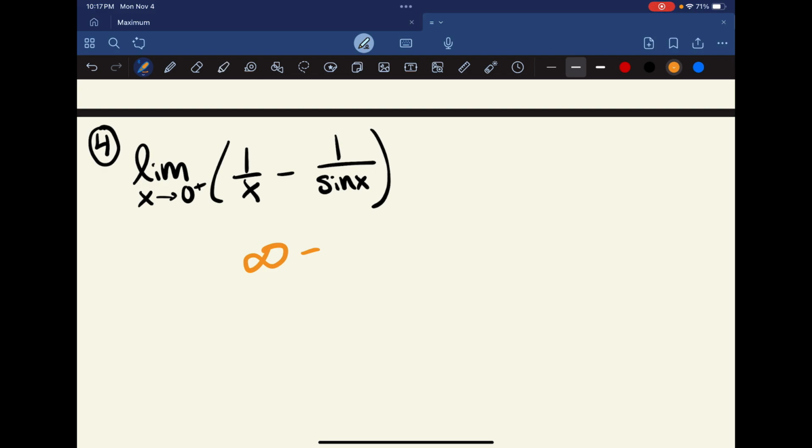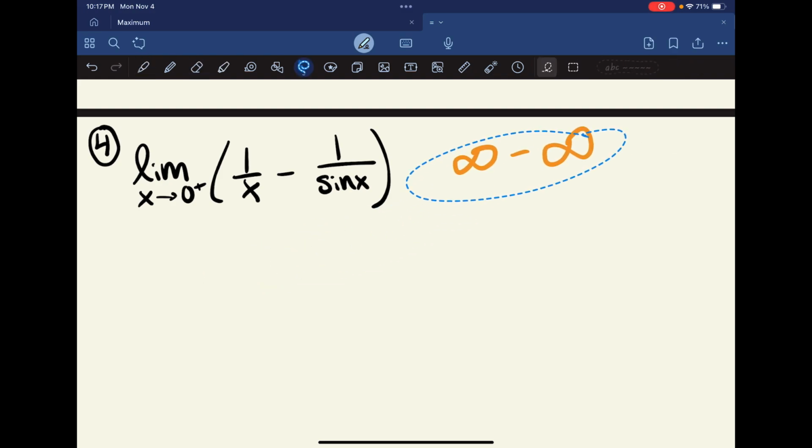Sine of 0 is just 0, right? And so 1 divided by 0, or I guess it'd be 0 from the right, so this would also just be infinity, right? Because if it's 0 from the right and we plug it in here, we keep that 0 from the right. So that would just be infinity minus infinity for the indeterminate form.